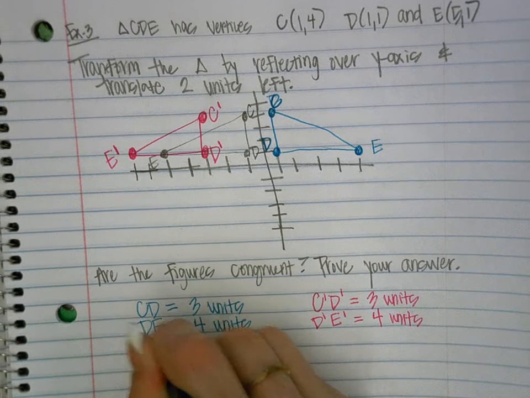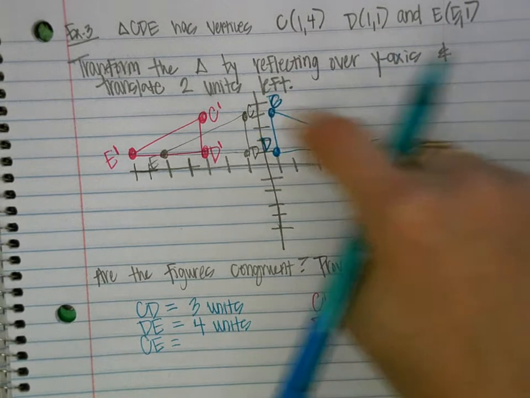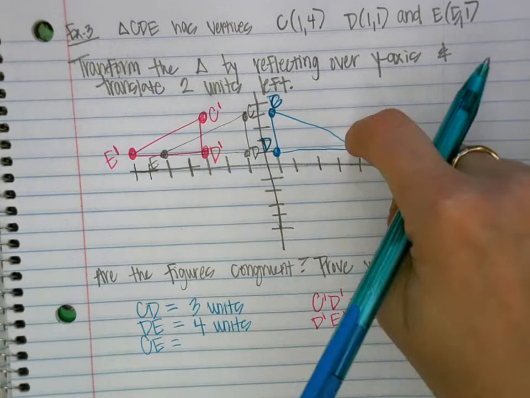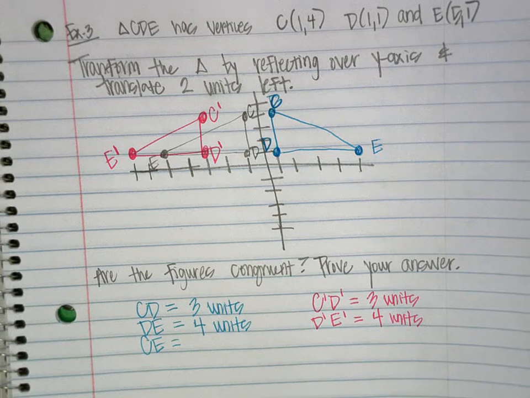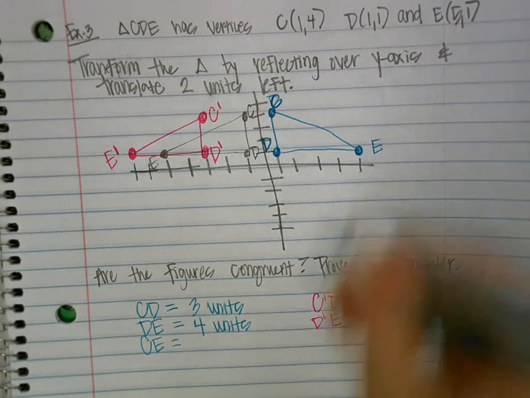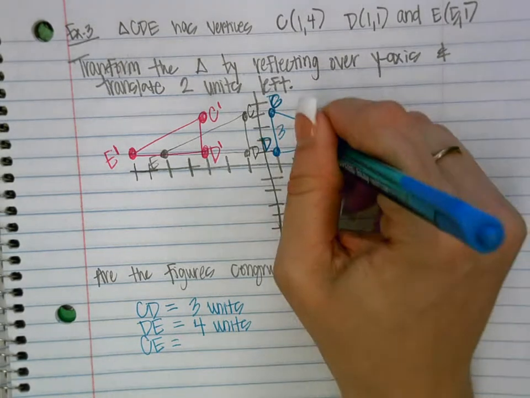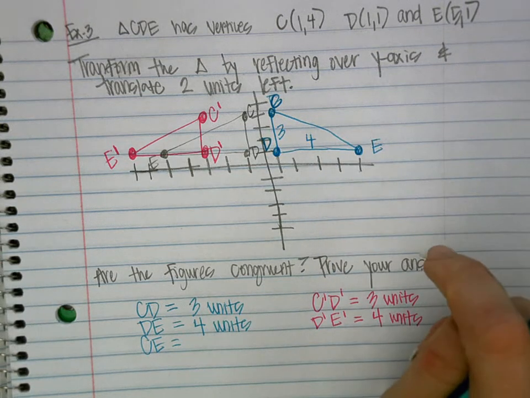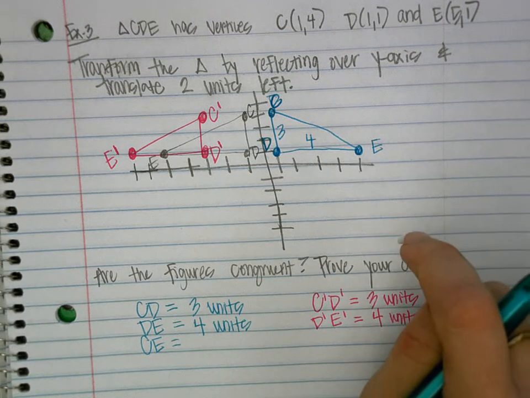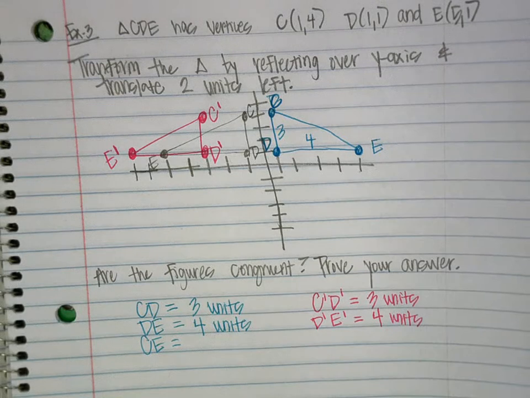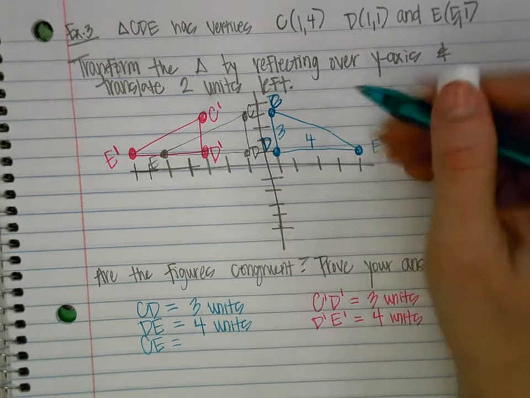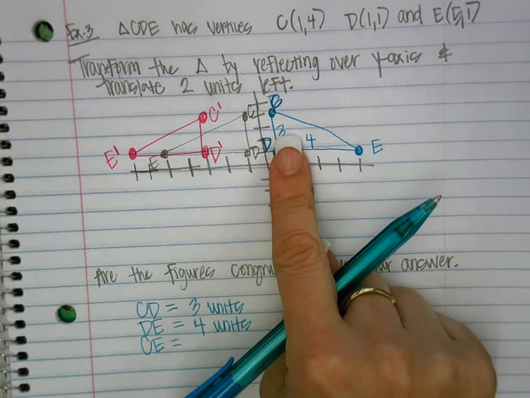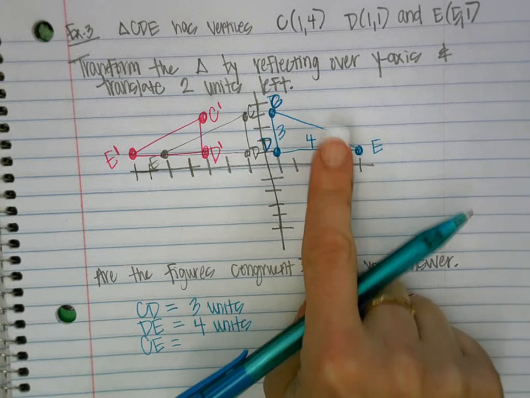CE, how can you tell how long this side is? How can you tell that it's 5? We know that this one's 3, this one's 4. How could you find this side length? The Pythagorean theorem. You could do that, and you should. The Pythagorean theorem says that side length squared plus side length squared equals hypotenuse length squared.